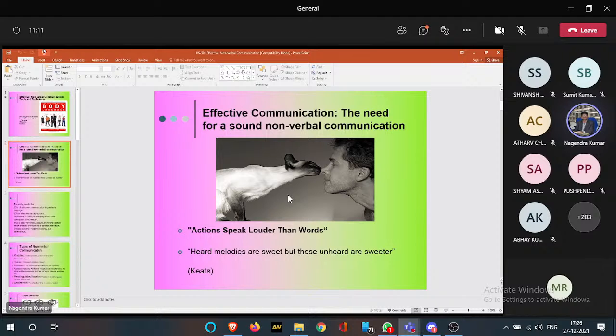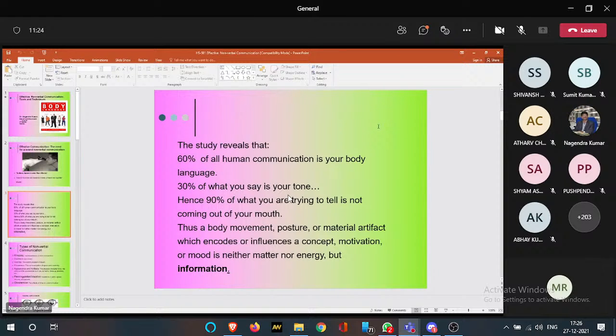Let us come to this. There is a cultural critic whose name is Edward T. Hall. Now, Edward T. Hall has contributed significantly to the study of non-verbal communication. And then there is another one whose name is Mehrabian. And these two names are very, very important.